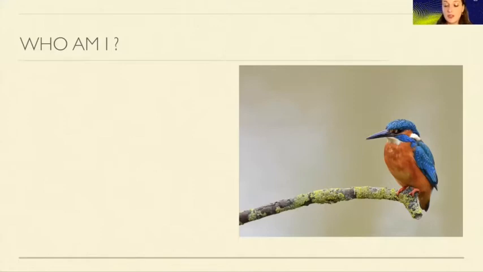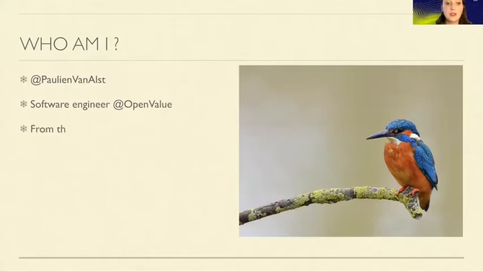I'm Paulien van Alst, as I stated, and can be found on Twitter under this Twitter handle. I'm a software engineer at Open Value here in the Netherlands. I'm from Utrecht actually. I'm a co-host at the Barcoding podcast. Together with my colleague Arnoud Rijpkema, we are talking about our day-to-day experiences on the job, about software engineering, of course.